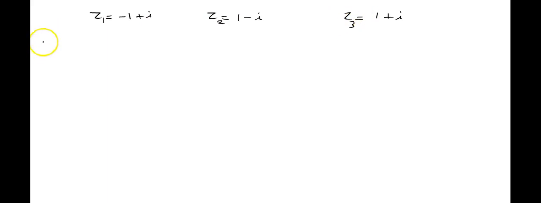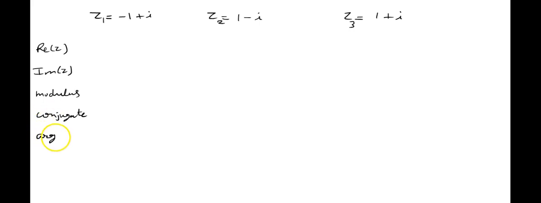I will first find the real part, then write the imaginary part, then its modulus, then its conjugate, and at the end I will show the working of how to find its argument. I'll just delete this thing, and now I'm going to find the argument of it.